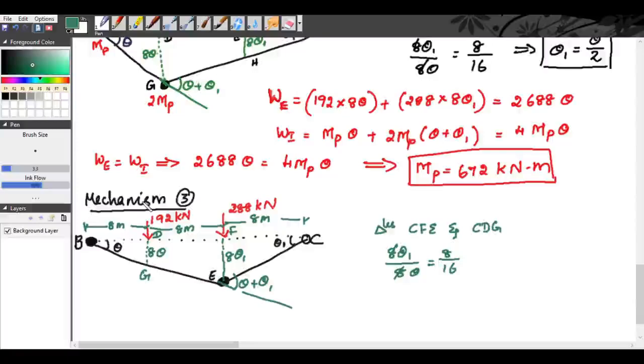Sorry. We have taken wrongly. See, these two are not similar triangles. We have to take this triangle and this triangle. This triangle and this triangle are similar triangles.